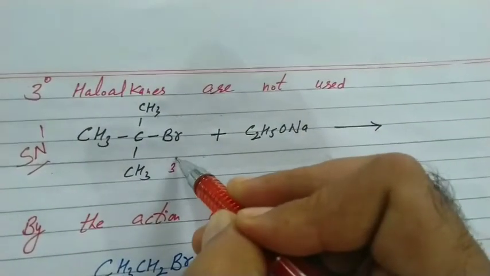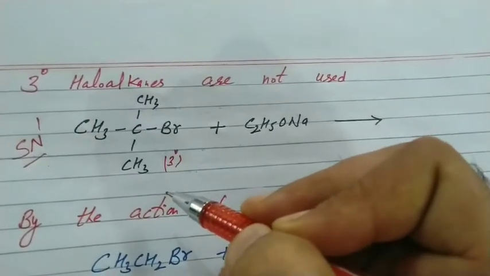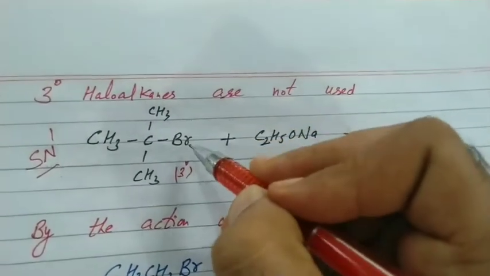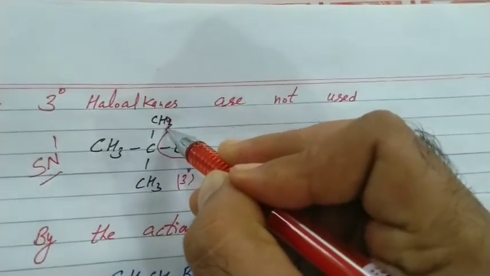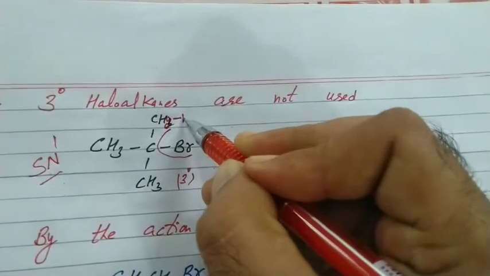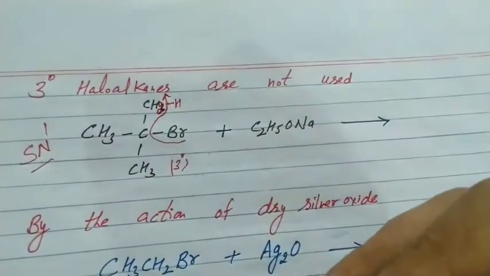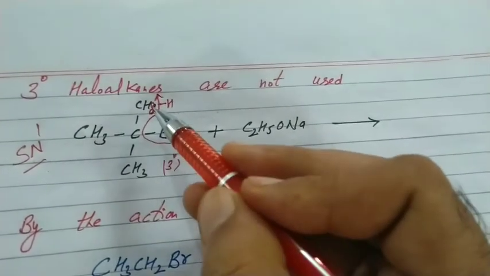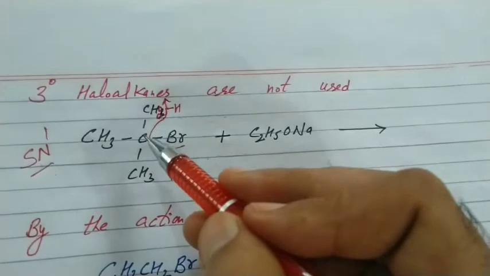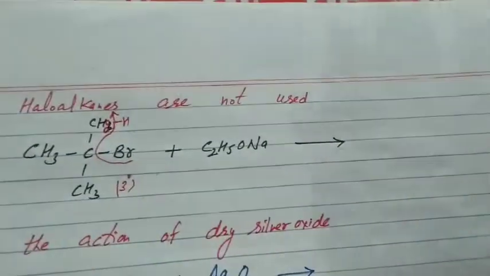In this case the product is alkene and not ether. It undergoes dehydrohalogenation reaction, loss of halogen and loss of hydrogen. From alpha carbon halogen eliminates and from beta carbon hydrogen eliminates, and alpha and beta carbons get linked with unsaturation.